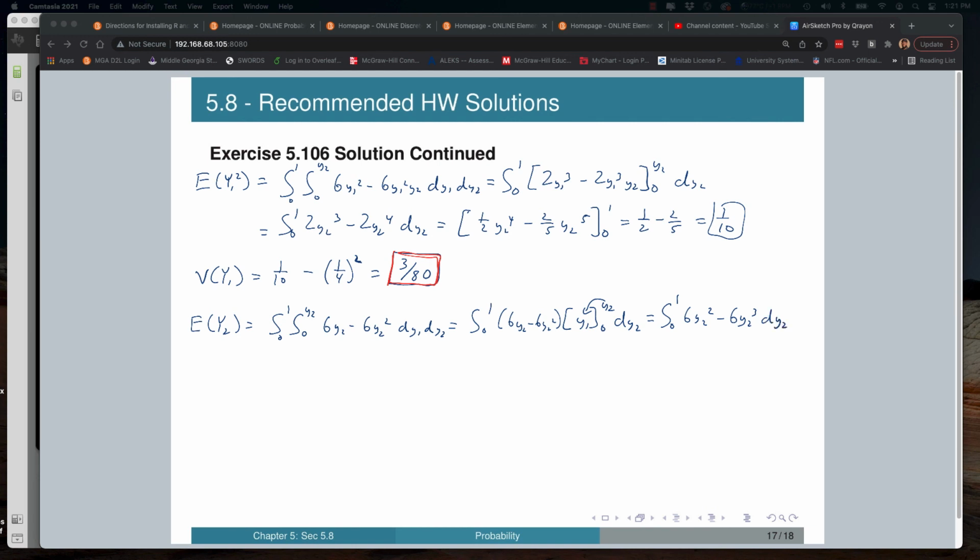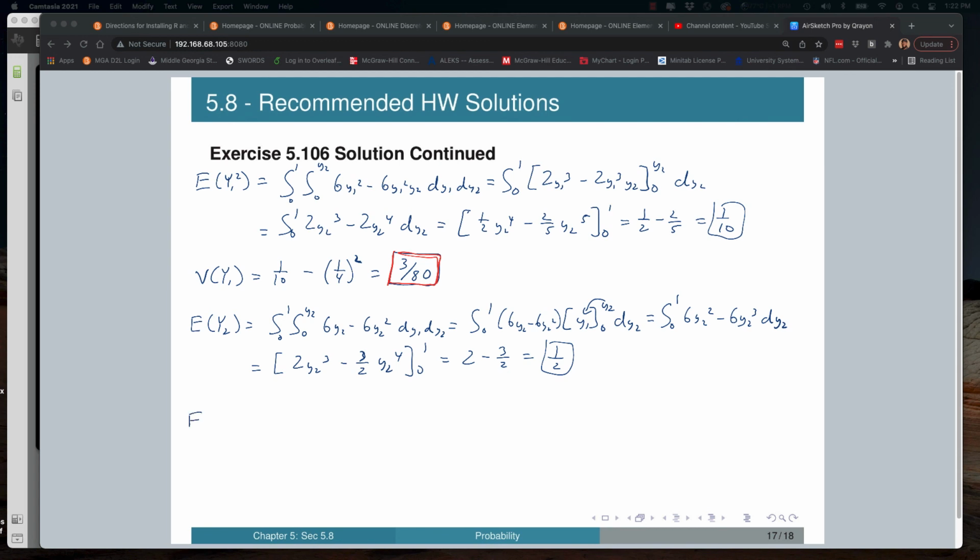Alright, so we can finally calculate that out, and we end up getting 2y sub 2 cubed minus 6/4, which becomes 3/2 y sub 2 to the 4th, evaluated from 0 to 1, so we end up getting 2 minus 3/2, which is just 1/2. So there's part of something we need.